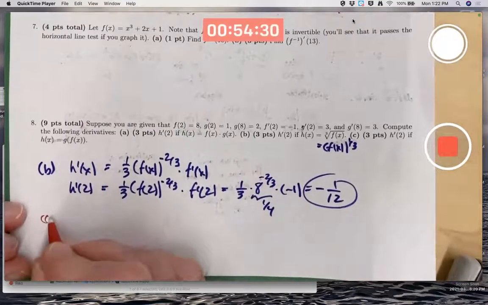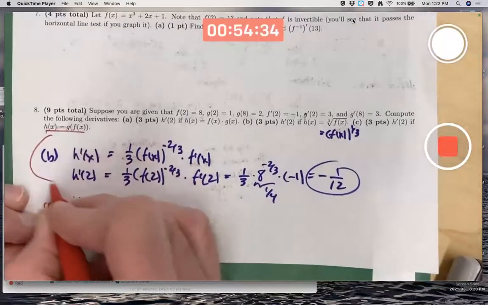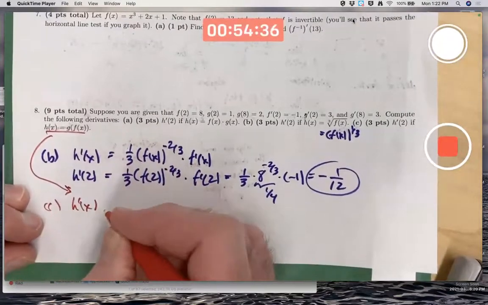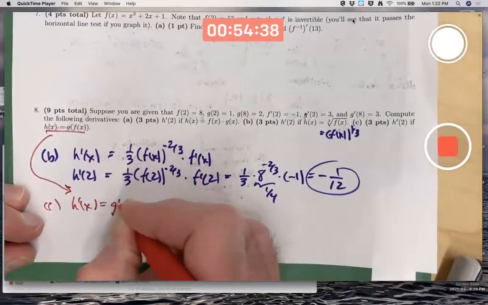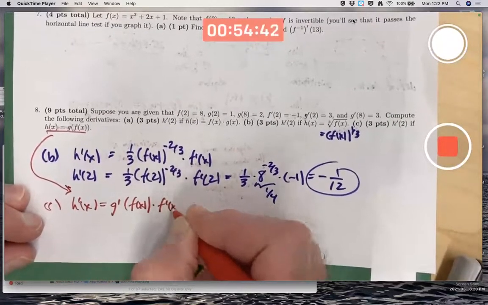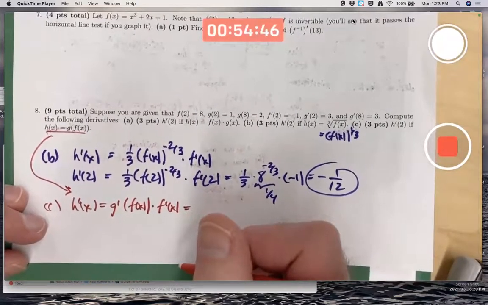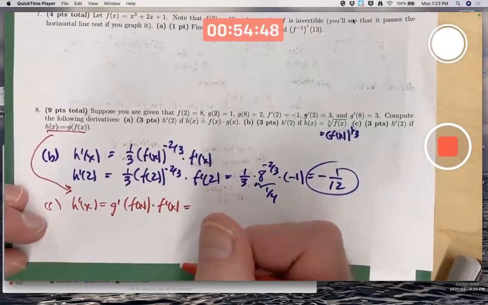C, h of x is this, so that's a composition. H prime of x is going to be the derivative of the outside, g prime, plug in the inside, times the derivative of the inside. We're just using rules without understanding them. That's sometimes necessary.